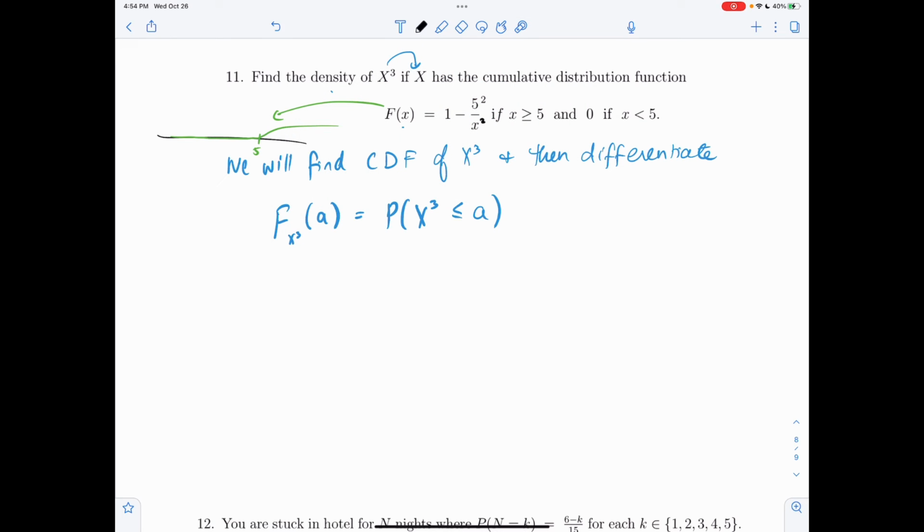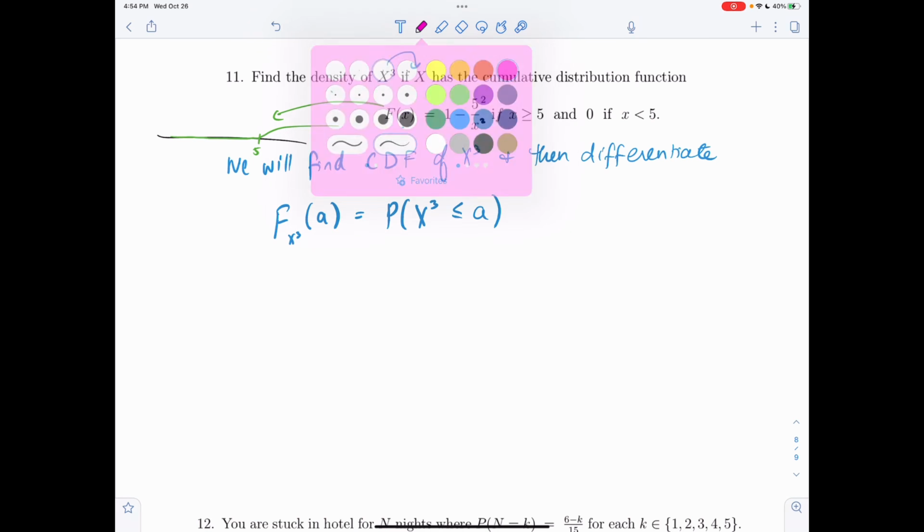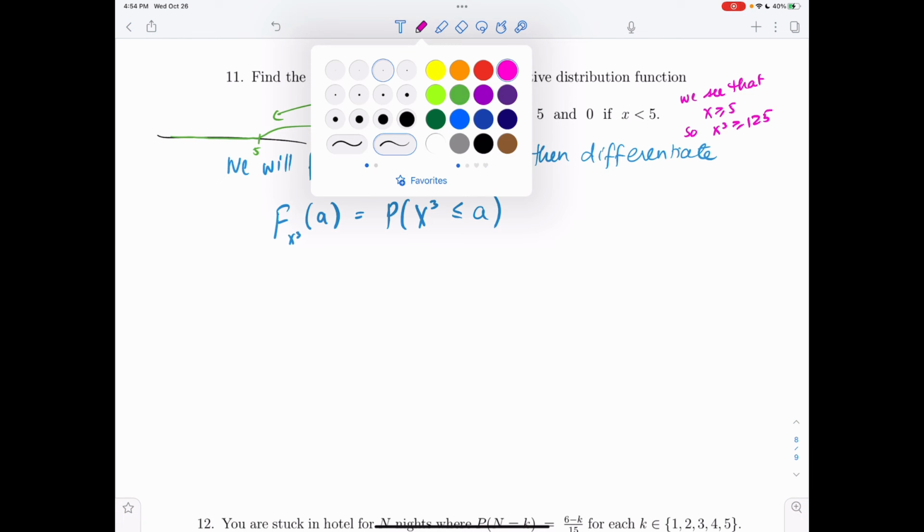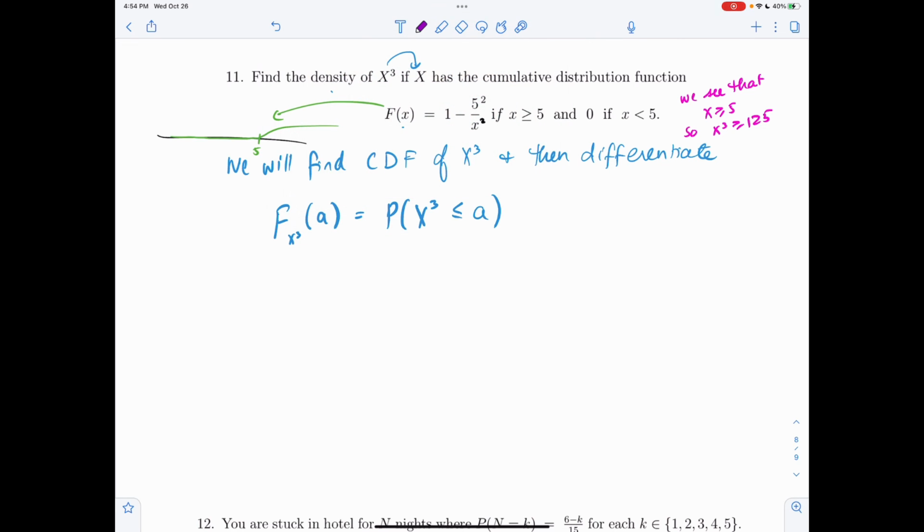So what do you know? So we see that x cubed is bigger than or equal to 125, correct? Okay, so what does that mean? All the gold is to the right of 125. Okay, let's draw our line for x cubed.